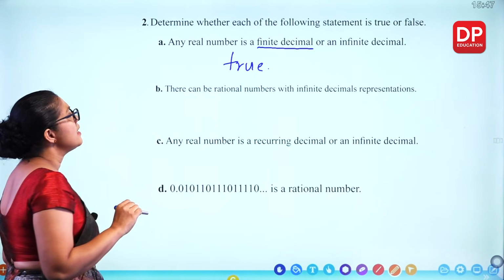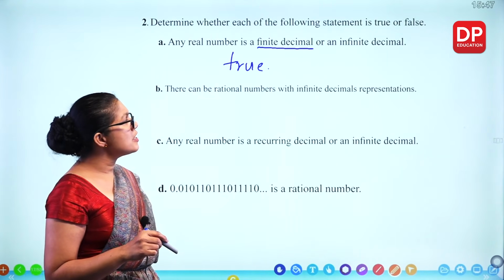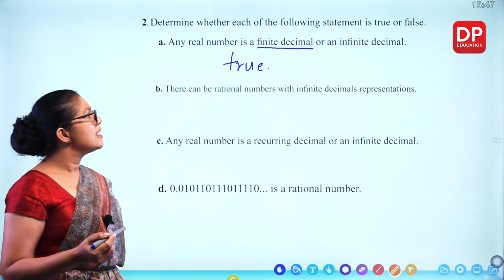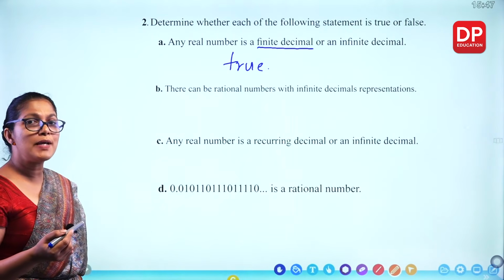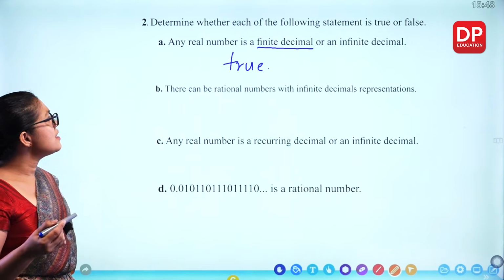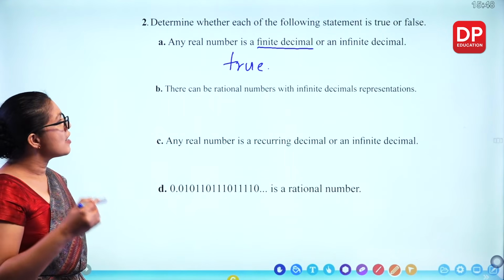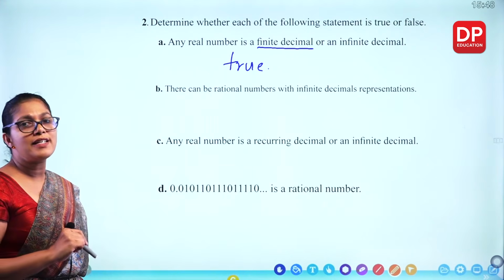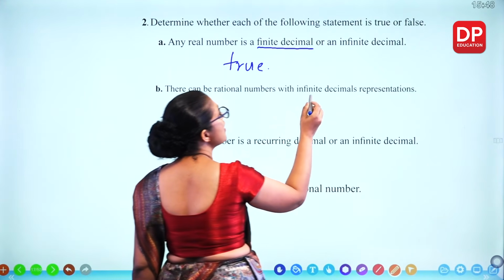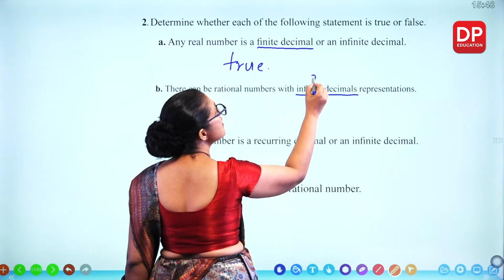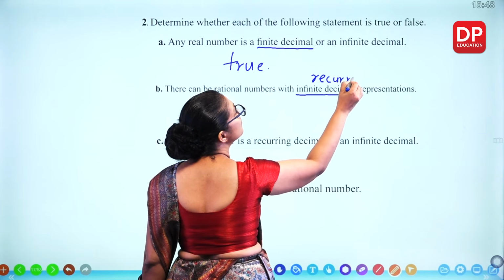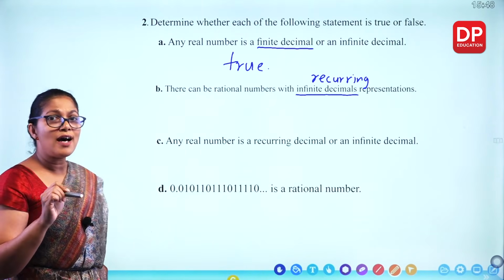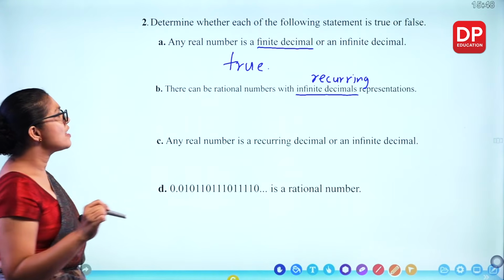What about this one? There can be rational numbers with infinite decimal representations. Here they are talking about recurring decimals, and recurring decimals are rational.